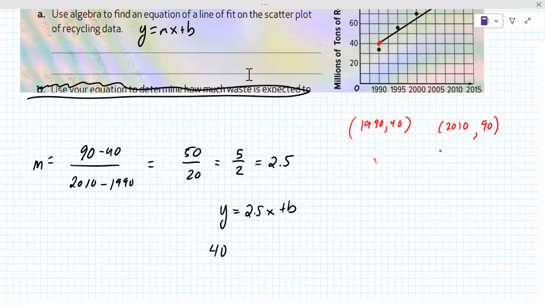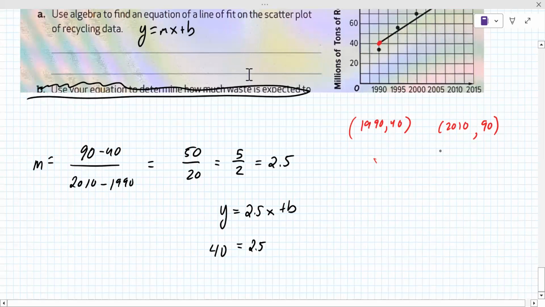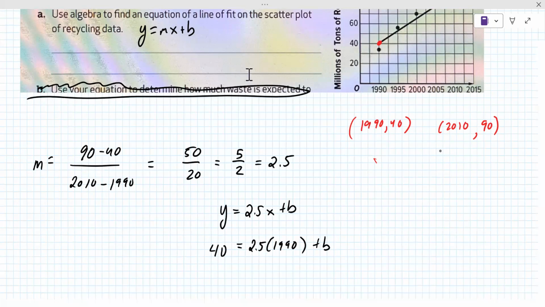So 40 equals 2.5 times 1990 plus b. 40 equals 4,975 plus b.